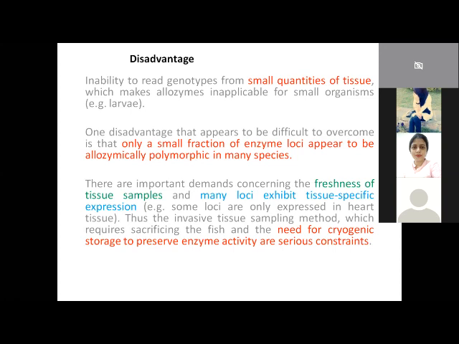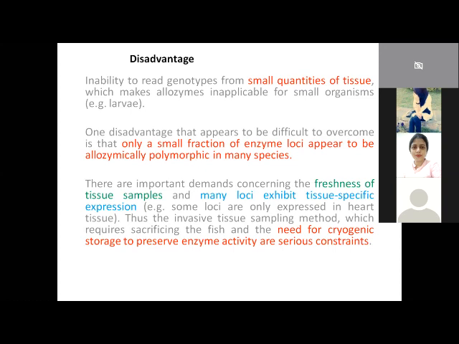Then this technique demands the freshness of the tissue sample. The tissue sample should be fresh, because in an older sample the protein will degrade. With a degraded sample, a sample which has degraded protein, you won't get any band pattern on your gel after staining.